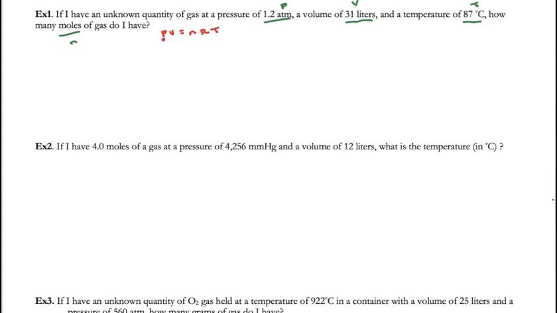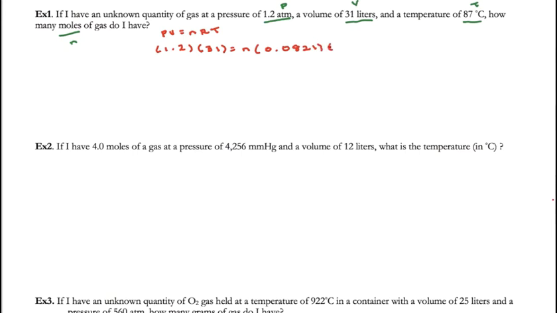Remember, my pressure has to be in atmospheres, which it is, 1.2. My volume has to be in liters, which it is, 31. I am solving for my number of moles, that's my N. My R is my gas law constant, 0.0821. Okay. And finally, my temperature needs to be in Kelvin.